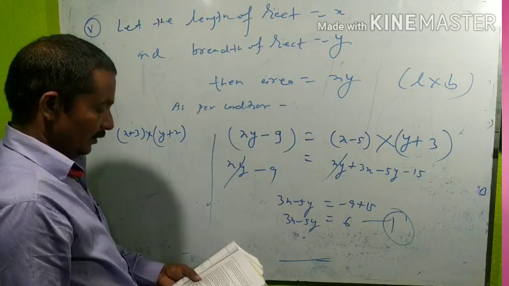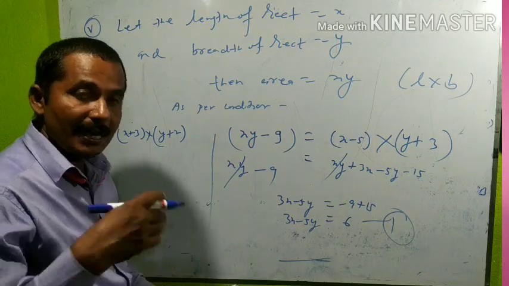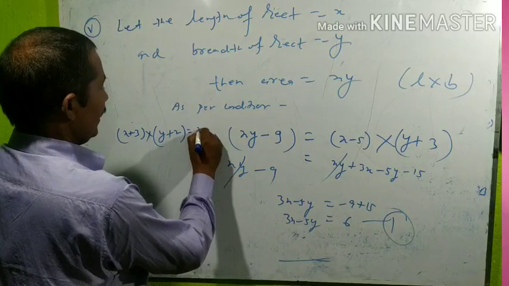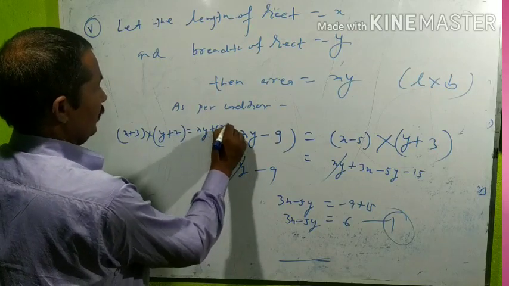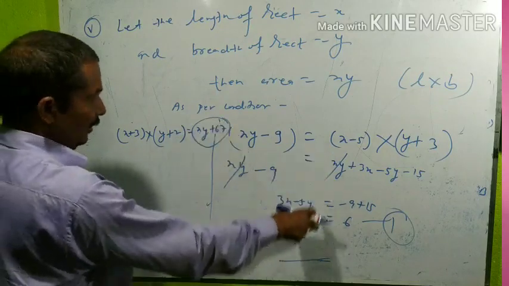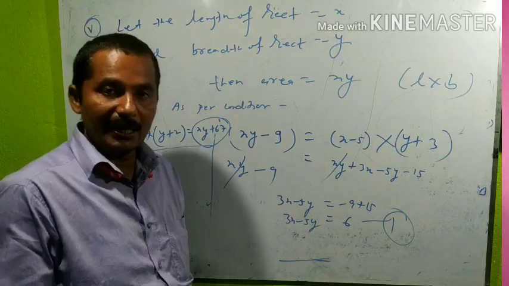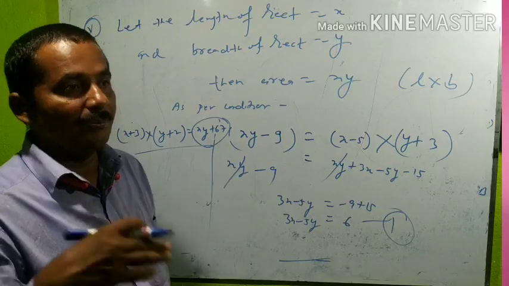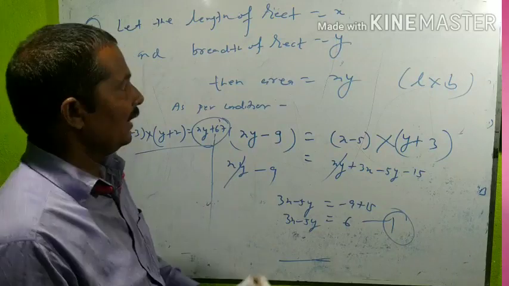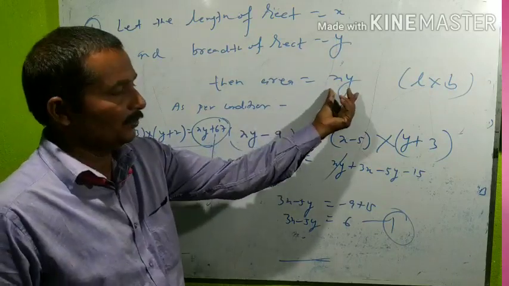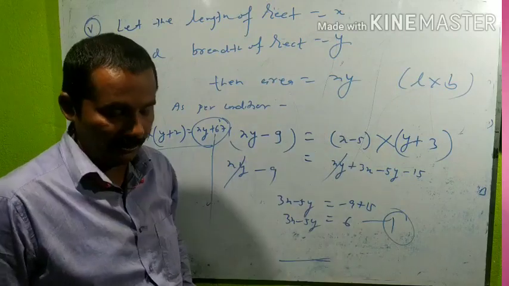The area increases by 67 square units, means xy plus 67. I think in this manner you will solve this one also, and you will have the second equation of this question, and you will solve both equations. At last you will get the product of these two, you will get the required area. Thank you.